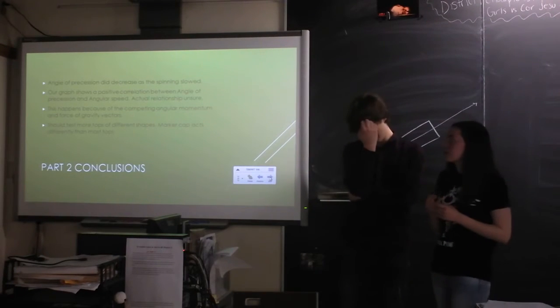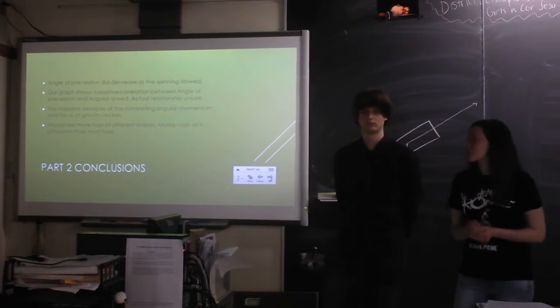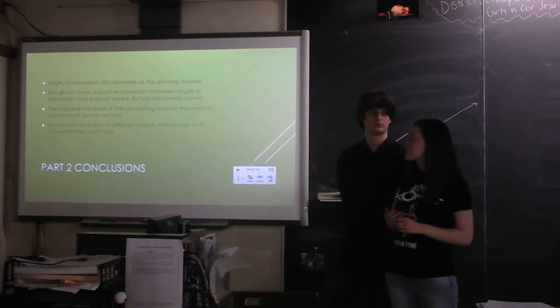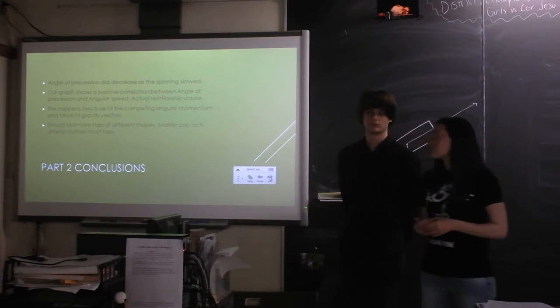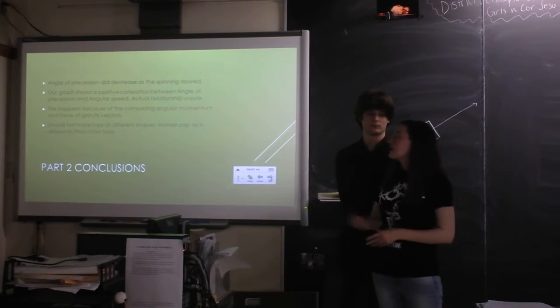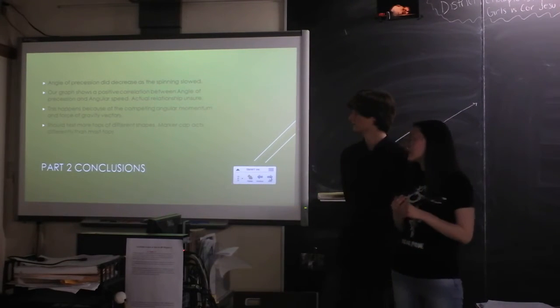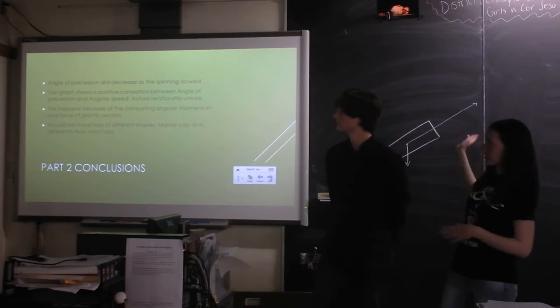And then for part 2, angle of precession did decrease as the spinning slowed, which was our hypothesis. We know that there's a positive correlation between angle of precession and angular speed, but we don't know what the actual relationship is. The angle of precession happens because of the competing angular momentum and force of gravity vectors, which is the diagram I drew.